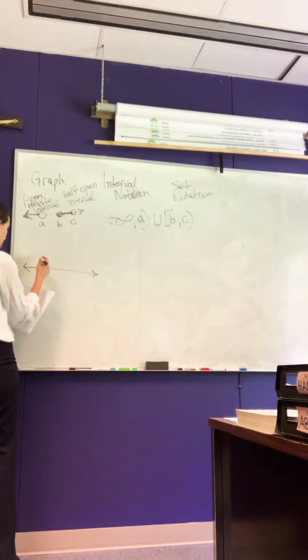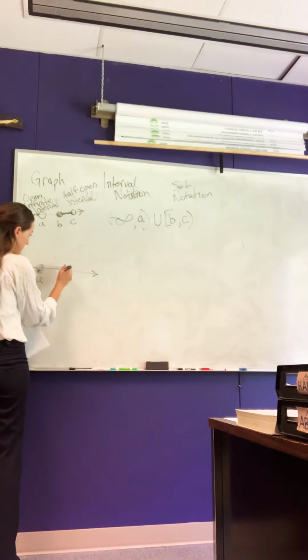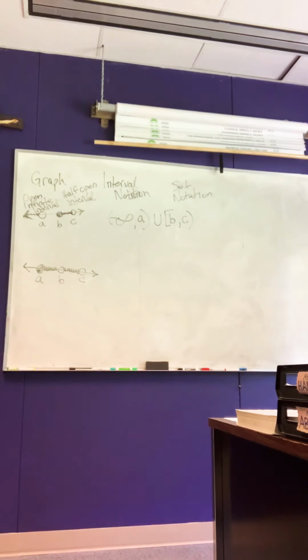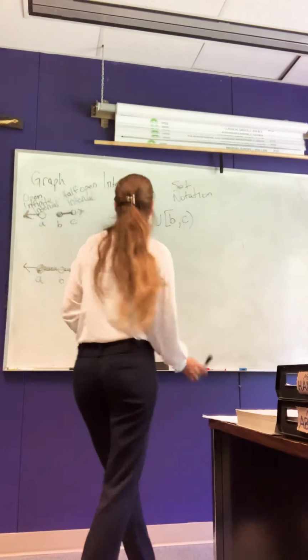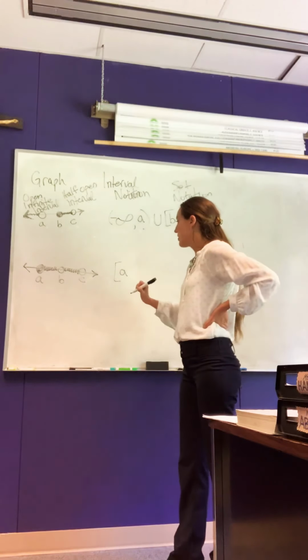A, B, and C. Solid A, B and C are open, and we're shading between all of them. Solid A, open B and C, shade between all of them. And this is you can equal A, so that's a bracket there.